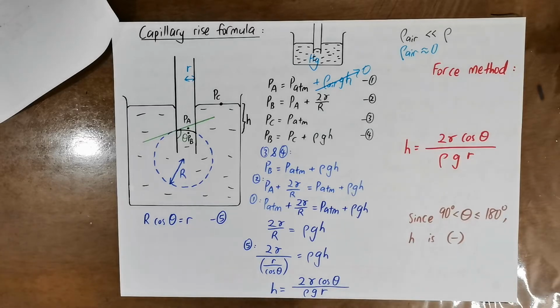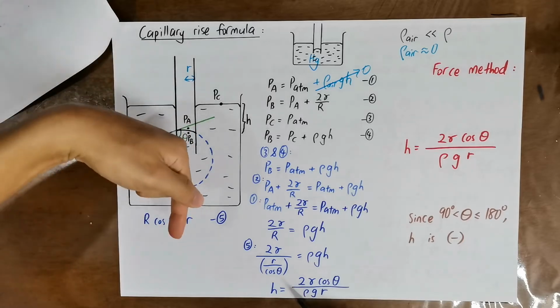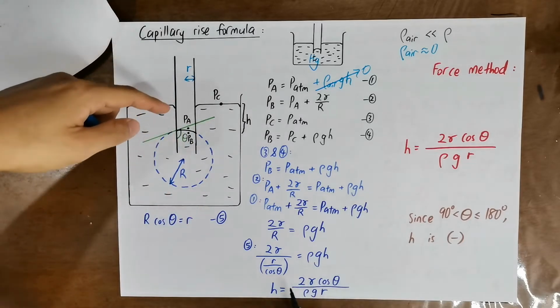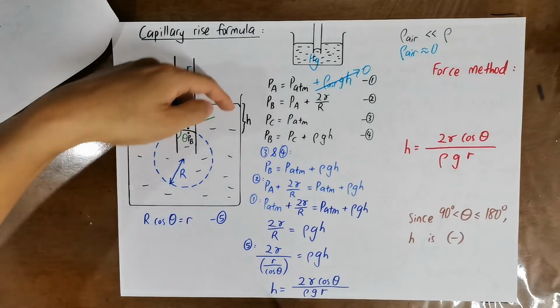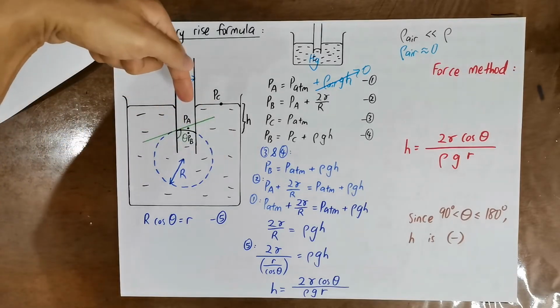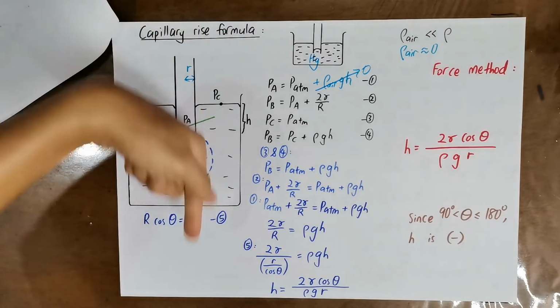And then remember, this is the formula that you have obtained, right? H is directly proportional to gamma. So you say that the greater the effect of the surface tension, the more suppressed the mercury will be. That means that if gamma increases, then H increases, okay. The mercury will be suppressed even more.